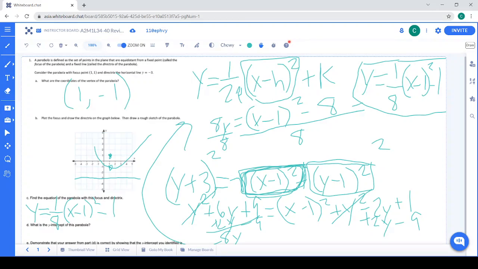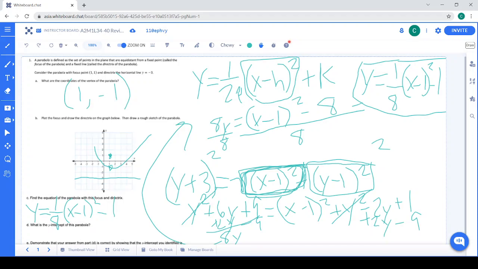Okay, what is the y-intercept? Anytime you're finding the y-intercept, x is always 0. So if I plug in 0 for x, I get minus 1 squared, which is 1. Okay, 1 times 1/8 is 1/8.